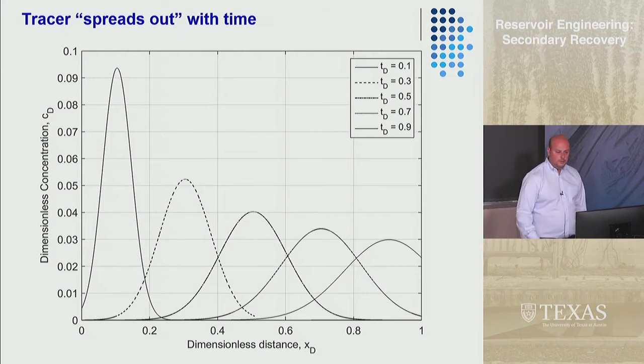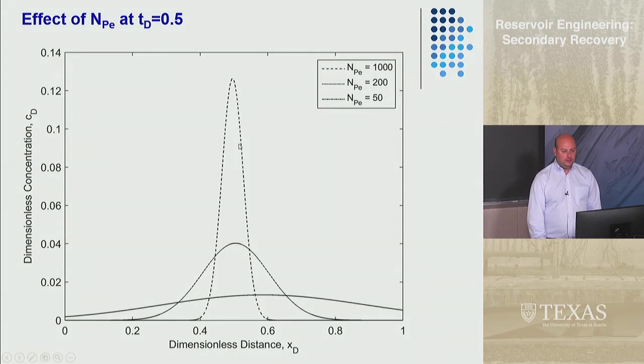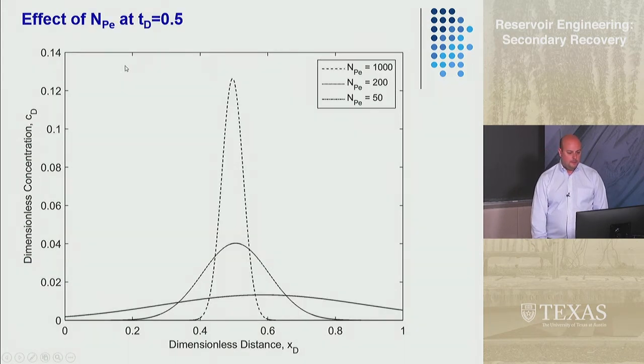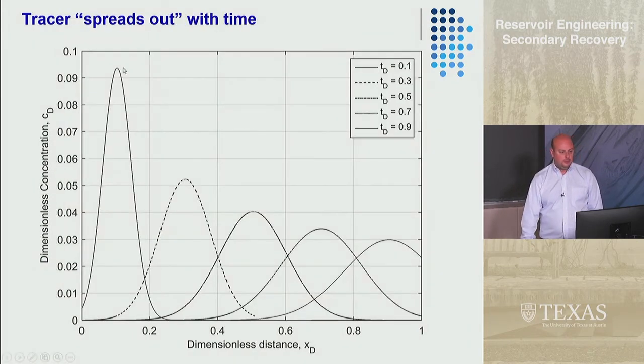Likewise, this is the dimensionless concentration, again versus distance. This is for the same Peclet number. It's probably 1,000, or maybe it's the 200, I'm not sure, but it's a constant Peclet number nonetheless.